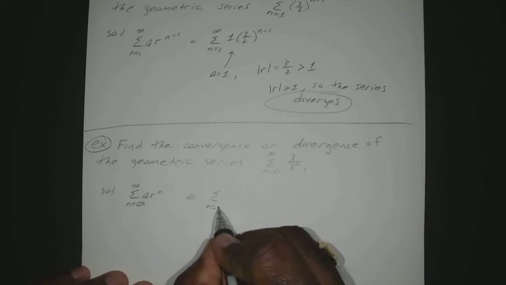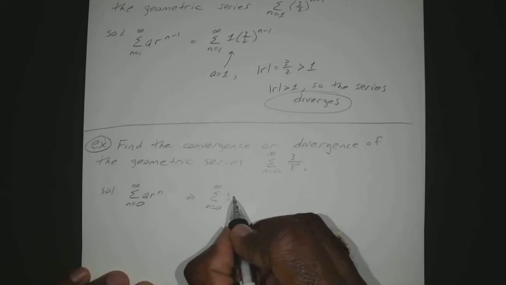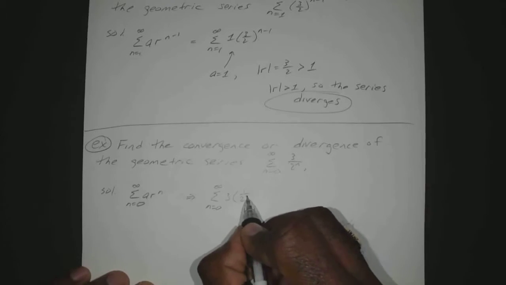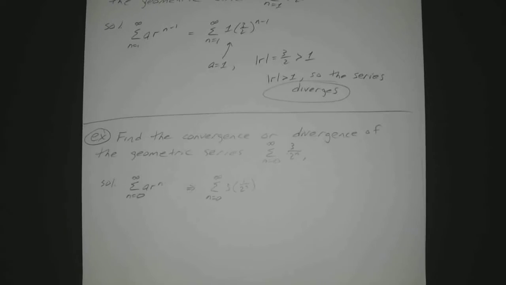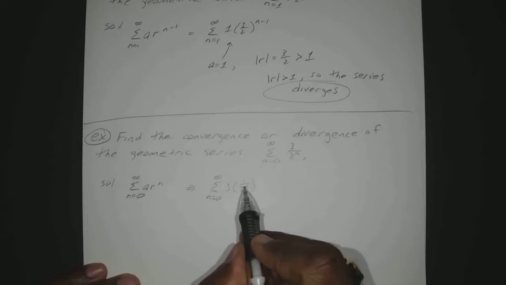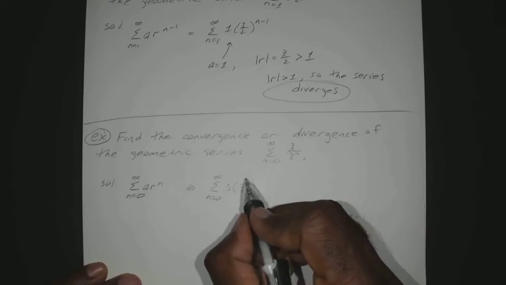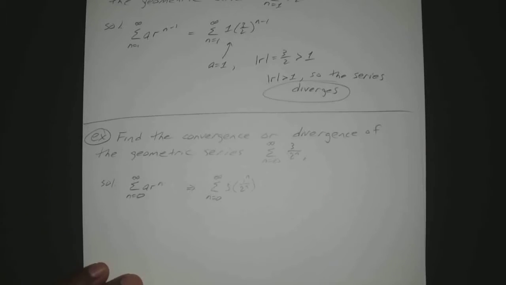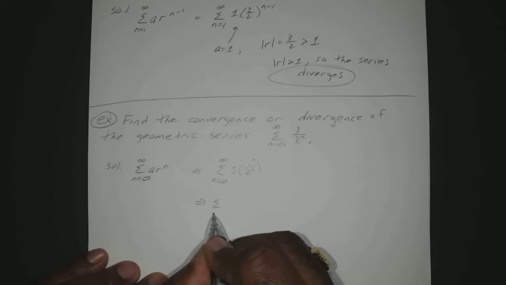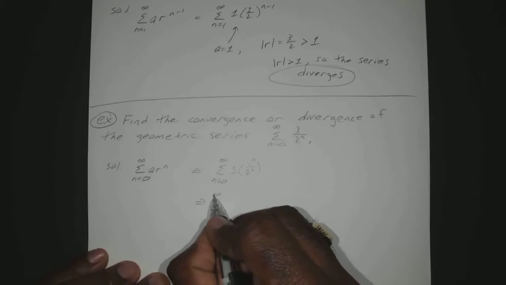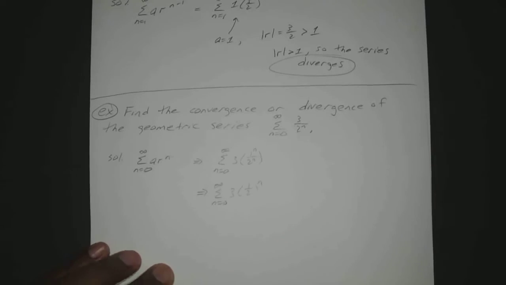Okay, so from n equals 0 to infinity, if we bring that 3 down, we have 3 times 1 over 2 to the nth power. Okay, so remember 1 to the nth power is always going to equal 1 no matter what n is. So you can make that over 1 to the nth power, which means we can just rewrite it from n equals 0 to infinity of 3 times 1/2 to the nth power.